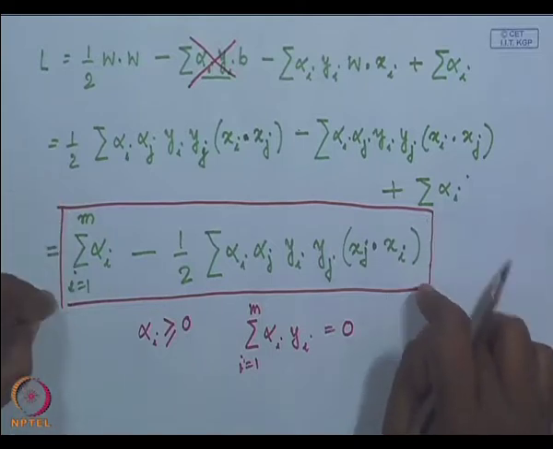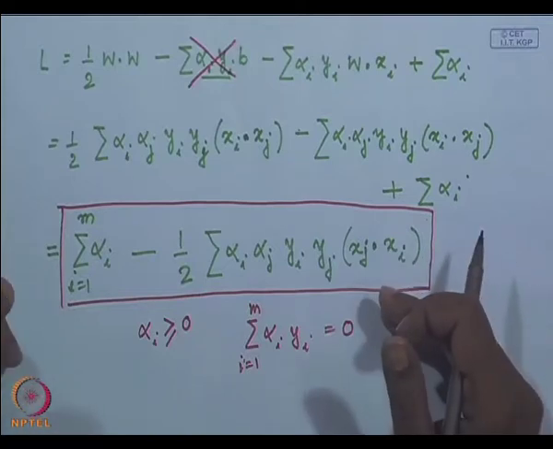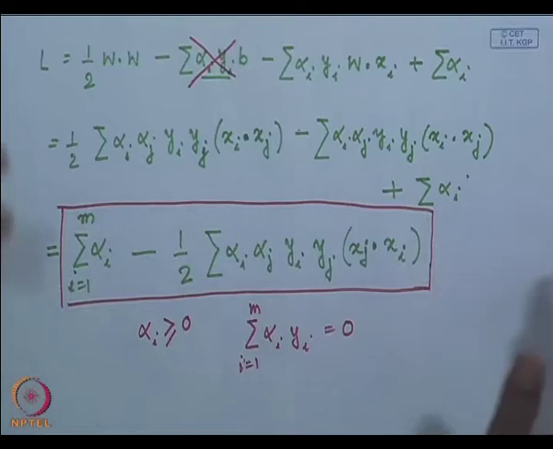So, I have to find such Lagrangian multipliers which maximize this Lagrangian expression. And when you try to maximize this Lagrangian expression, it is quite likely that some of the Lagrangian multipliers will be equal to 0, and a few of the Lagrangian multipliers will have very high values.